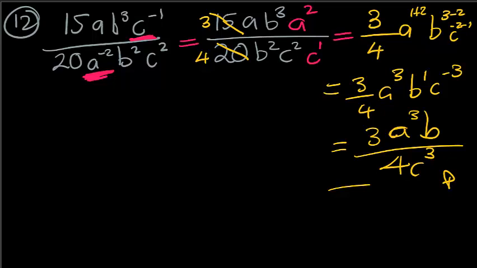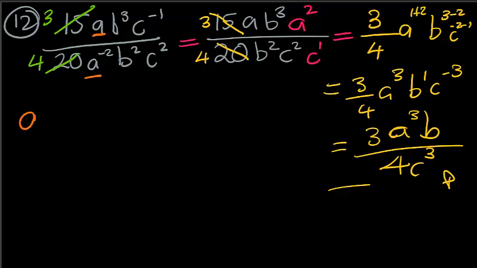So let's go back to the original question. In the original question, what I can do is simplify this exactly the same way. So I've got 3 over 4, and then I can just do cancelling out. Let's just do the a's.